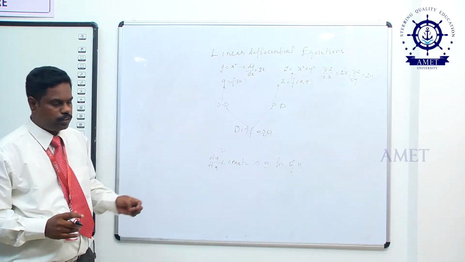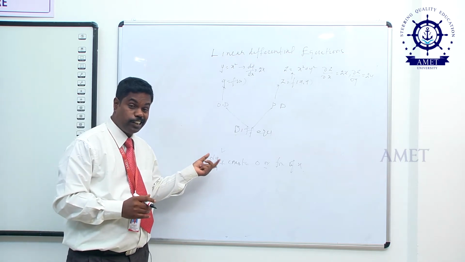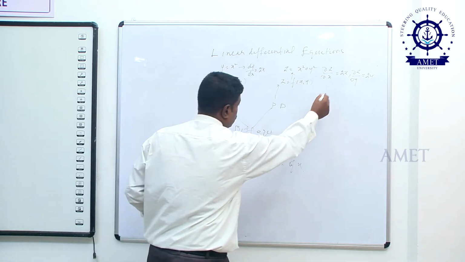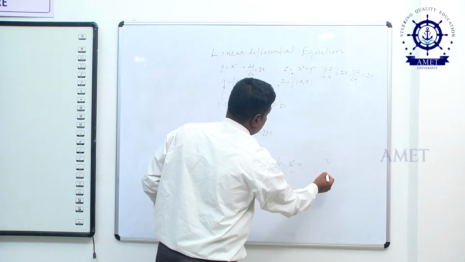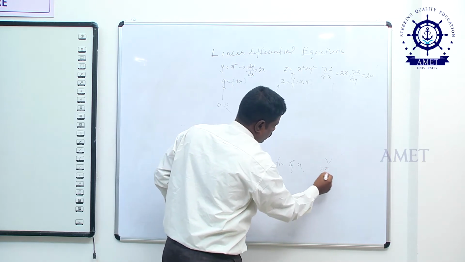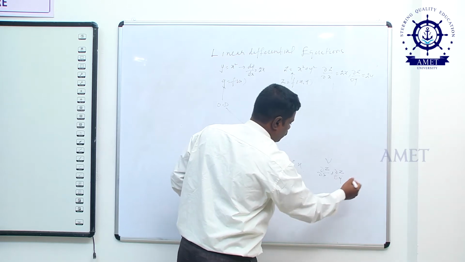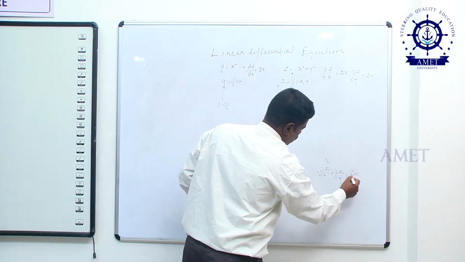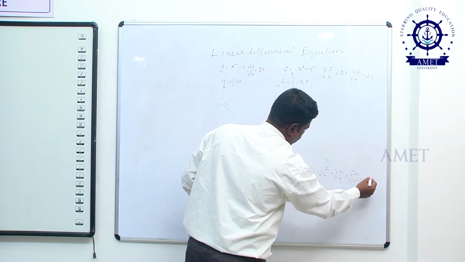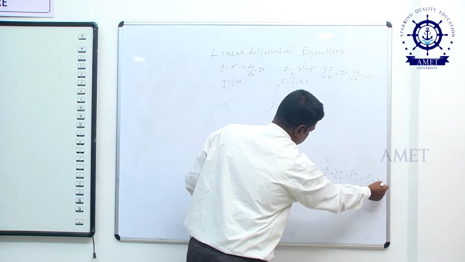This is called an ordinary differential equation. In partial differential equations, we have dou z by dou x plus dou z by dou y, or it may be a second order derivative also, dou squared z by dou x squared, equal to some function of x and y.